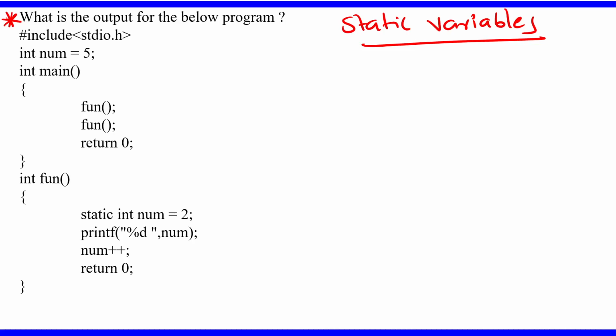Okay, let's see the output of this. Here n is global. I will just write it here. I'll put this tag global and 5. Okay, this is assigned. Now I call the function fun.